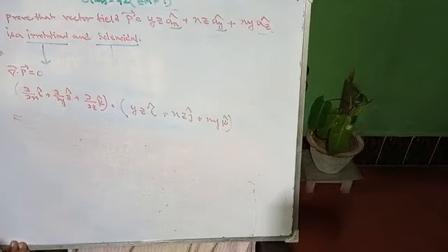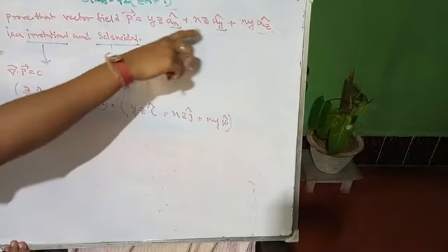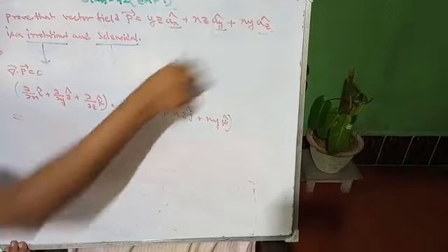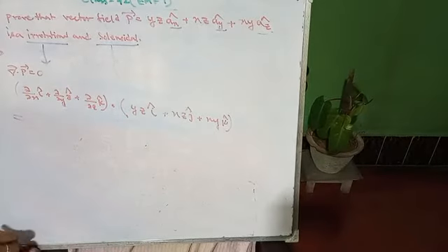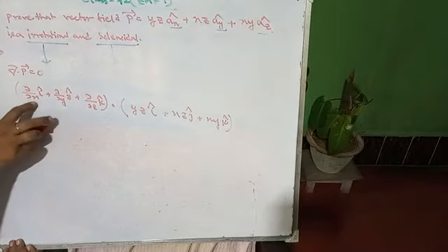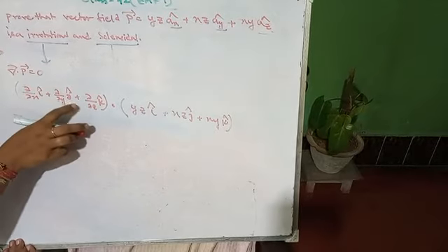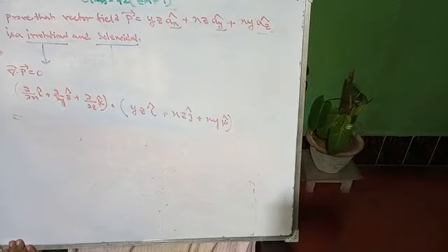If you wish to keep ax cap, ay cap, az cap, then write the del operator as del del x ax cap, del del y ay cap, and del del z az cap.